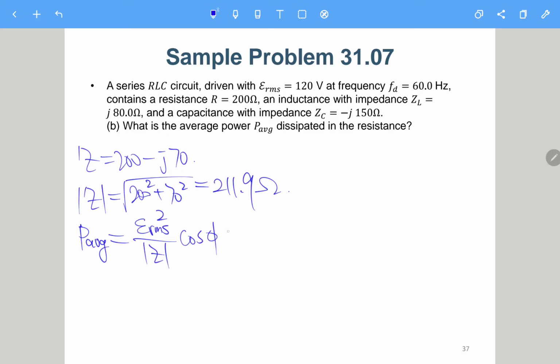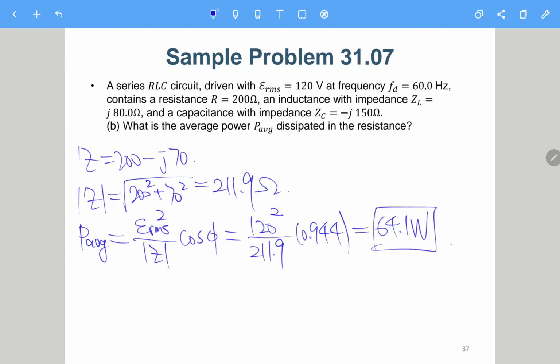So E RMS is 120 squared, over 211.9, and cosine of phi is 0.944. So this is 64.1 watts.